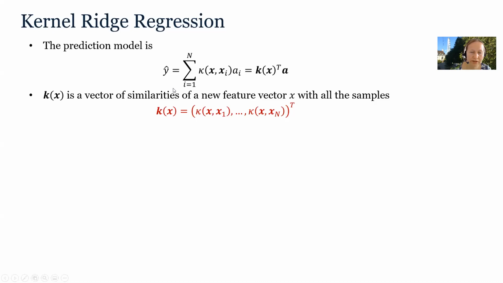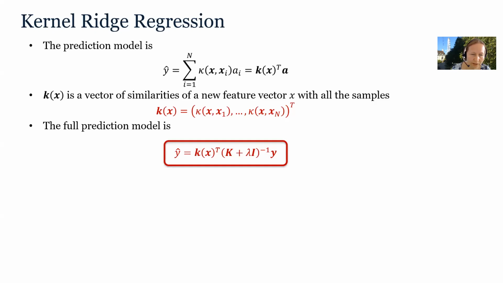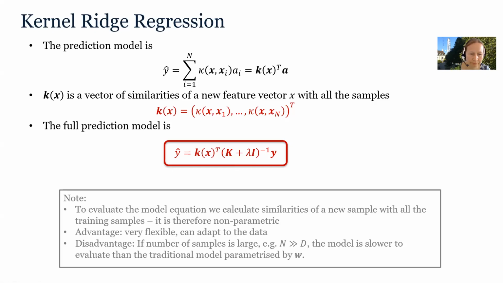So we will also write a matrix formulation of the prediction model, which will be vector kx transpose times the dual parametrization A. And this vector kx will be the vector of similarities between the new feature vector x and the training samples x1 to xn. And the full prediction model is then written like this analytically in a simple equation.